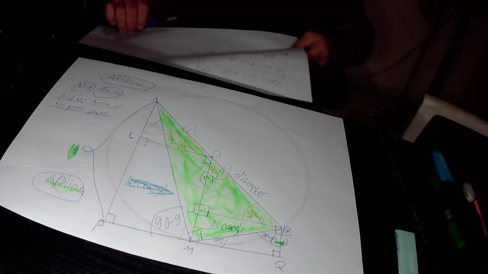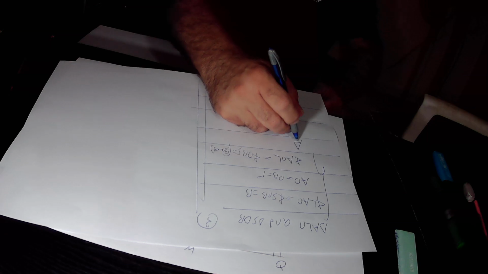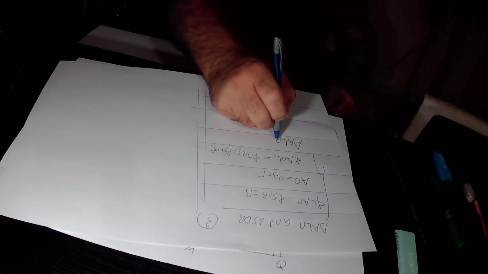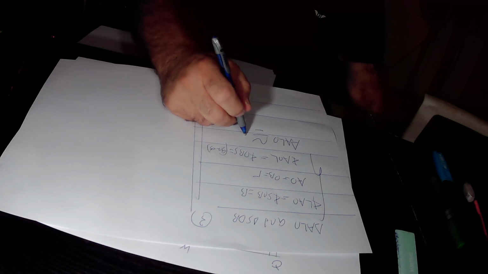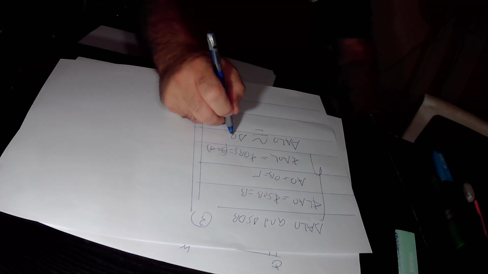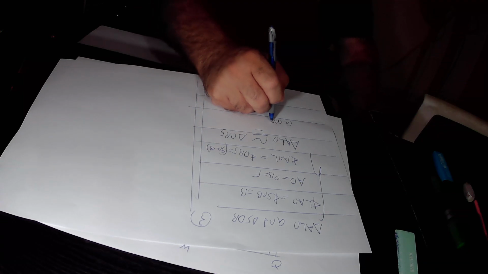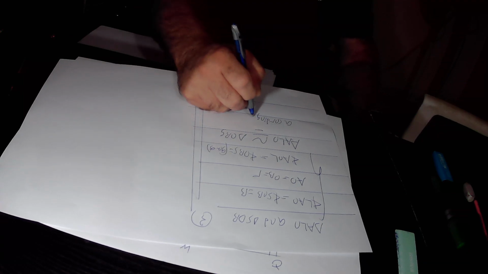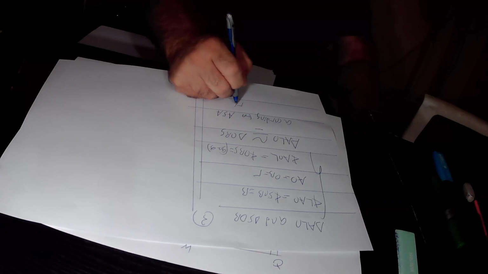So write it down. I found out that the right triangle ALO converts, this is the sign of convert, to the right triangle OSB or OBS according to angle side angle rule.